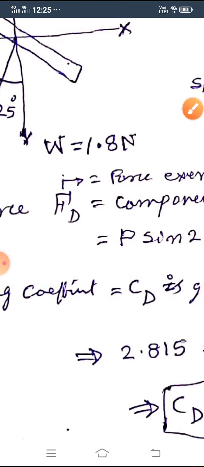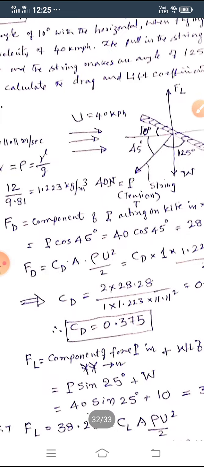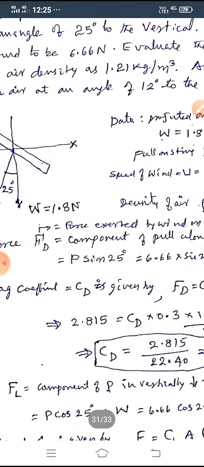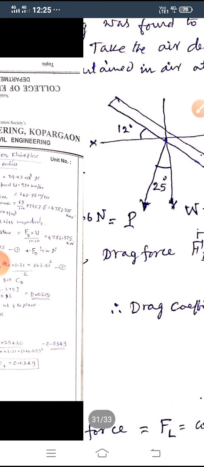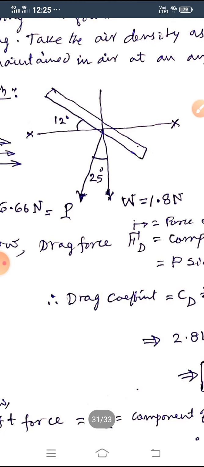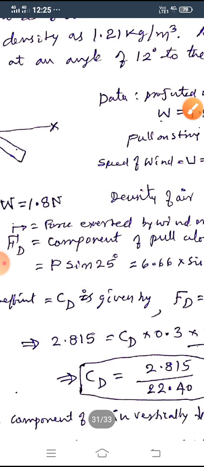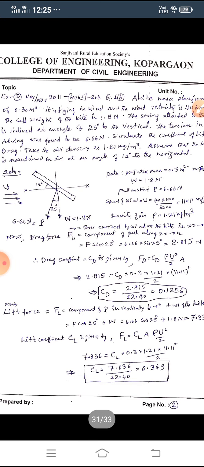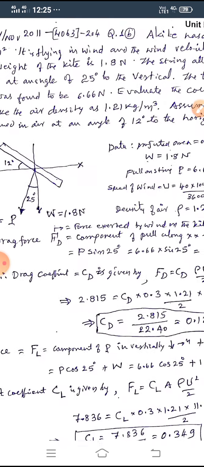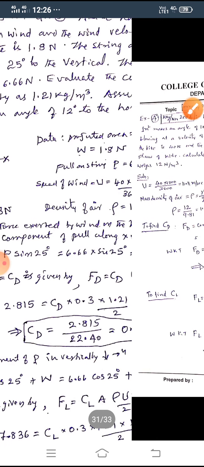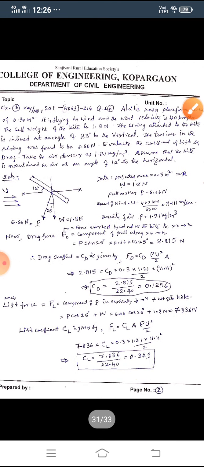Therefore the drag force FD is equal to the component of pull along x direction, that will be equal to P sine 25, which works out to be equal to 2.815 Newton.